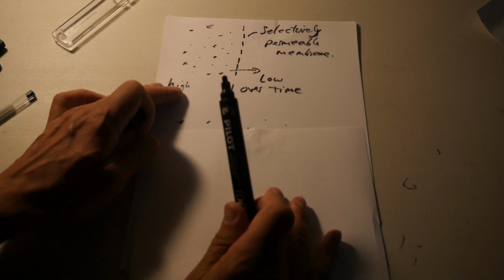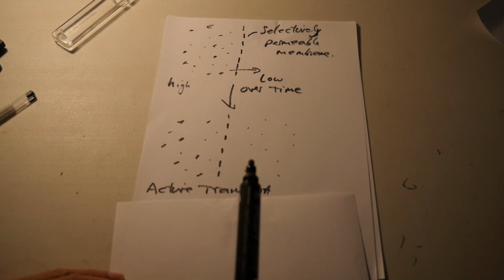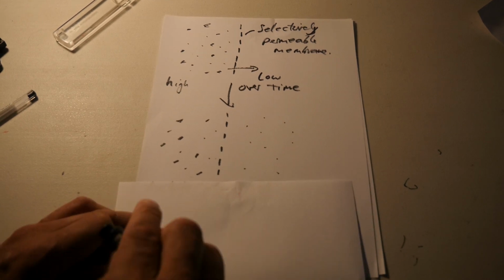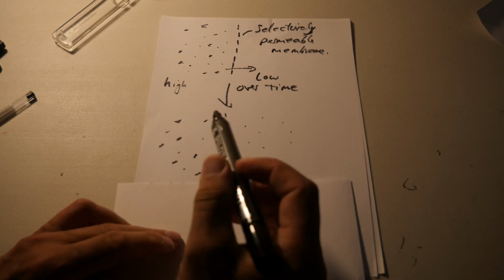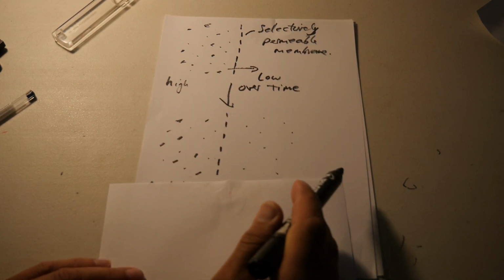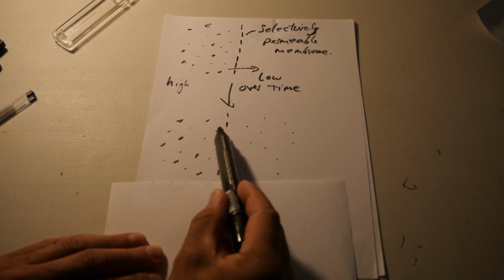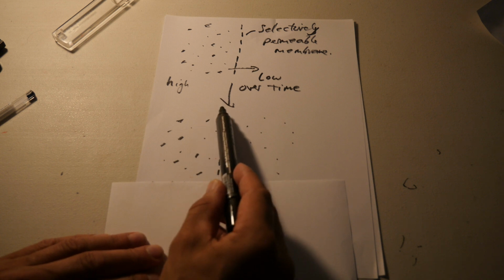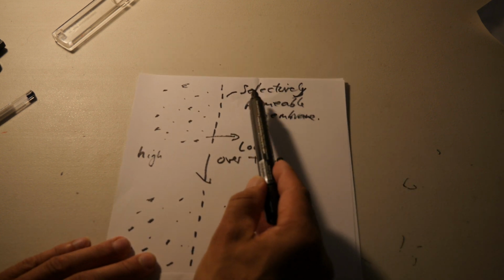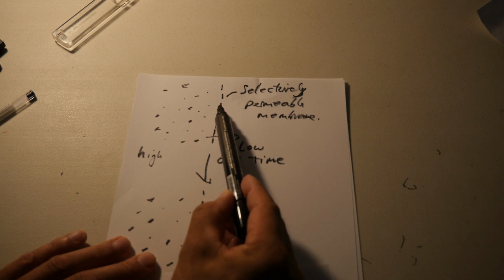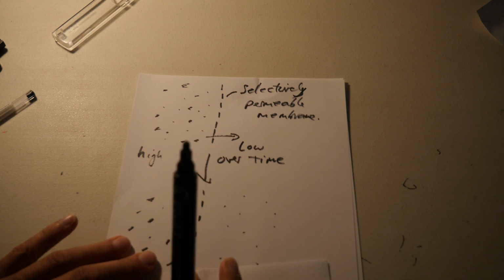So over time the small molecules become evenly distributed, okay? So they've diffused through the membrane. It's selectively permeable. The critical factor is that it's selectively permeable. It only allows certain sizes of molecule or ion through. The rest cannot get through, okay?